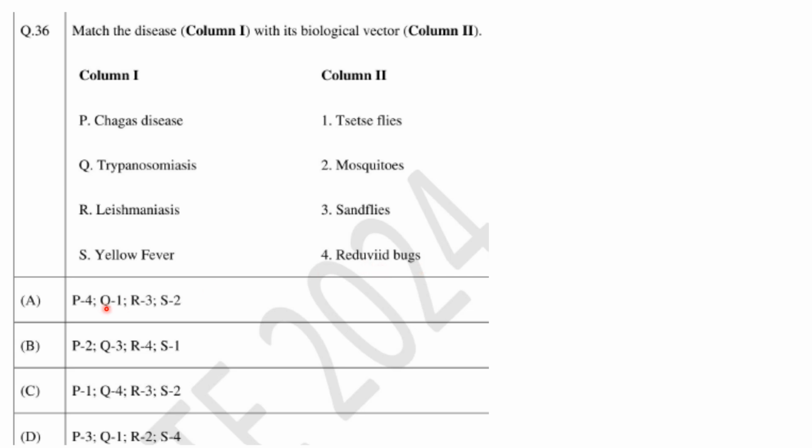So P4, and that is seen only in option A. So option A must be the answer. We will see. Then trypanosomiasis, tsetse flies. Leishmaniasis is sand flies. Yellow fever is by mosquitoes. So answer A is correct.